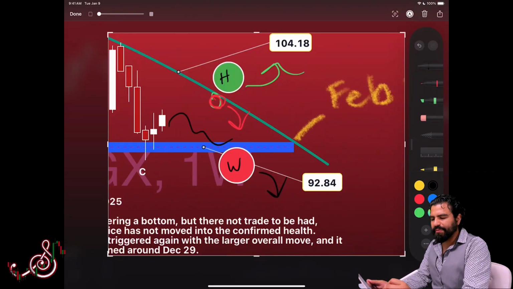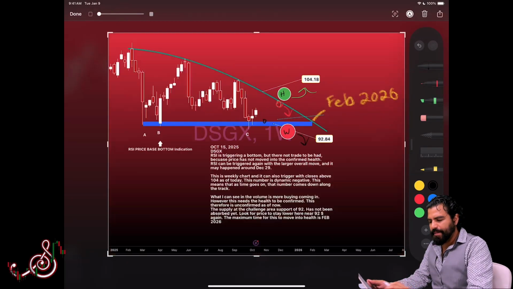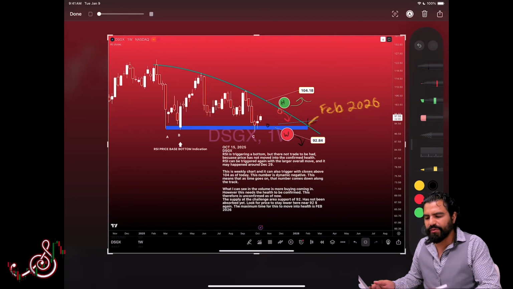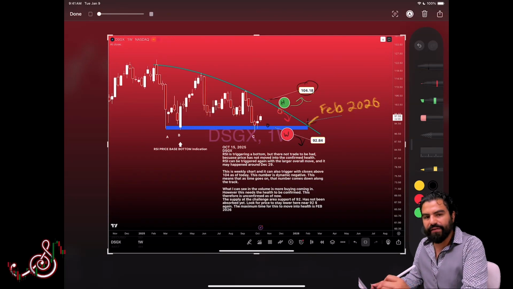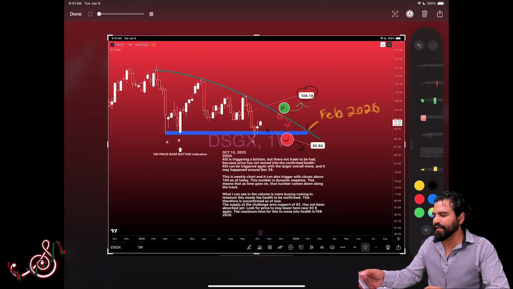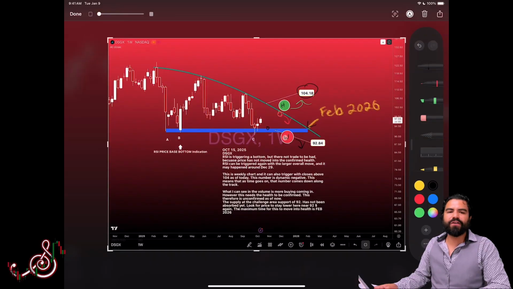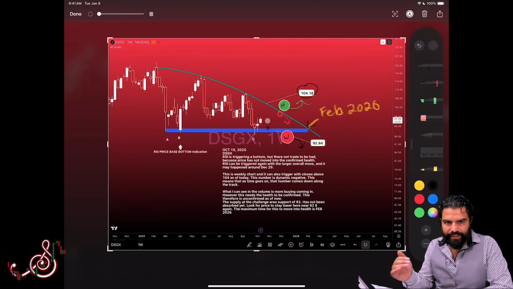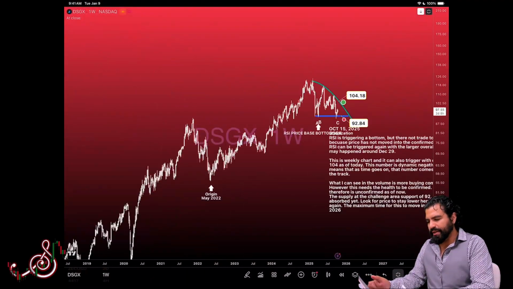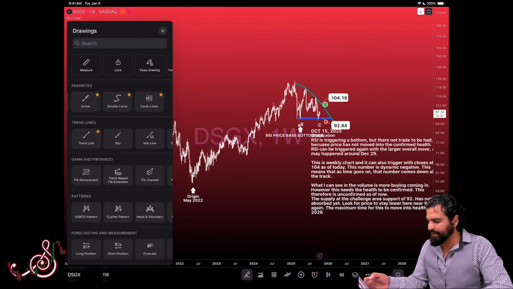I think price is going to challenge here again based on the volume. Maximum time 2026. This is dynamic negative. This is going to go down the track accordingly. I would be looking to pay 92, but I'm not looking to get in until this can be confirmed into health. Ideally, I need to buy above this line.